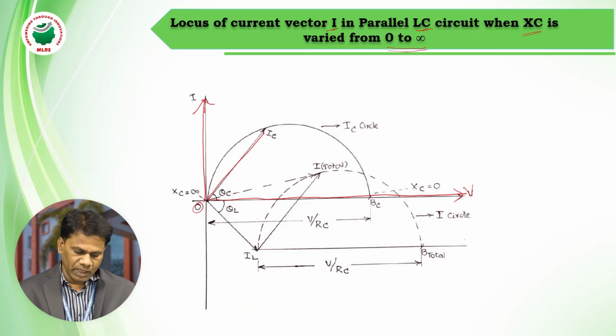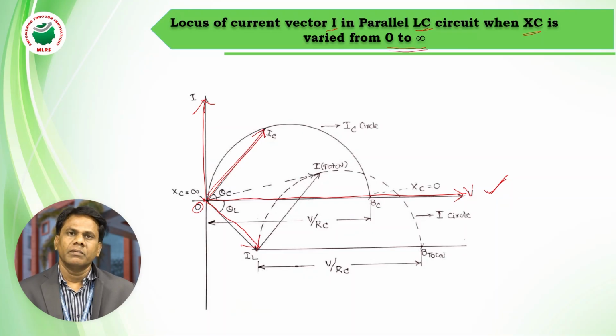Current is leading with respect to the voltage in the capacitive branch, and current is lagging with respect to the voltage vector OV in the inductive branch. So in the inductive branch current is lagging, and in the capacitive branch the current is leading.